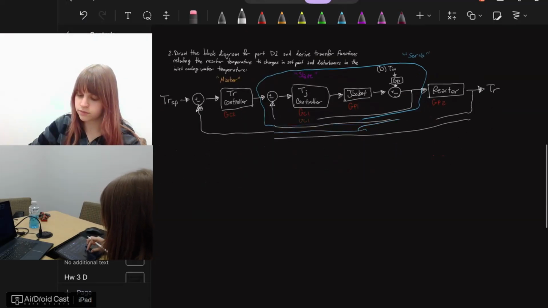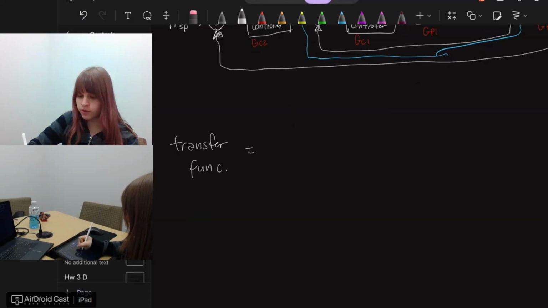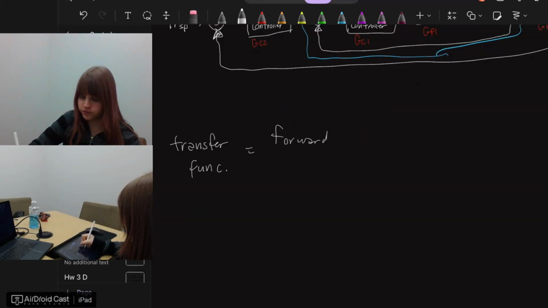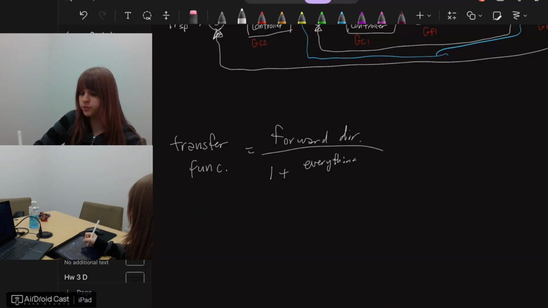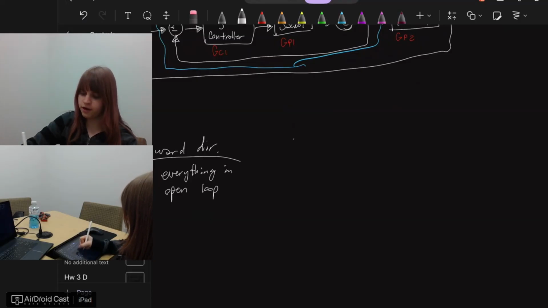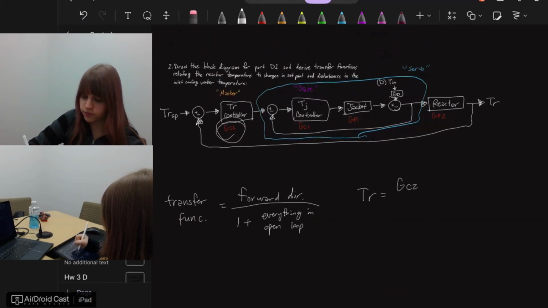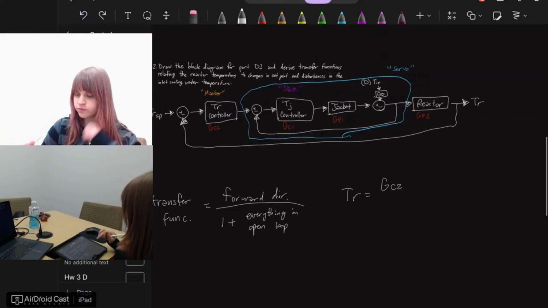And so a transfer function should be the forward direction divided by 1 plus everything in the open loop. So we get TR is equal to GC2 right here, up there, GC2.